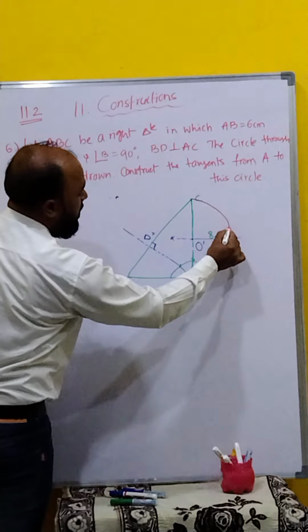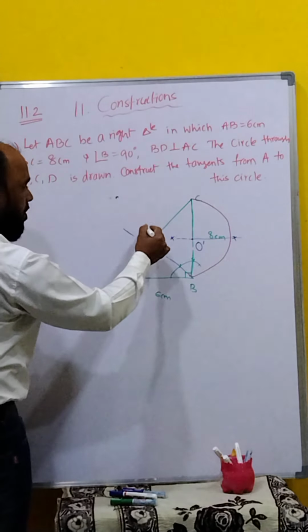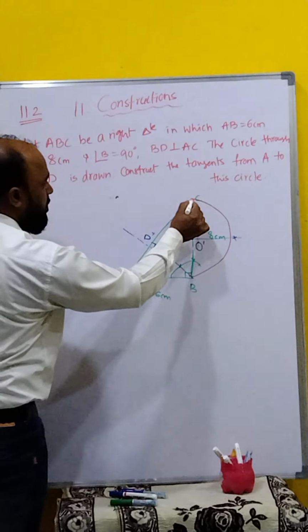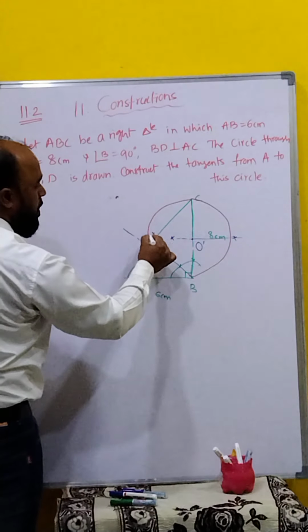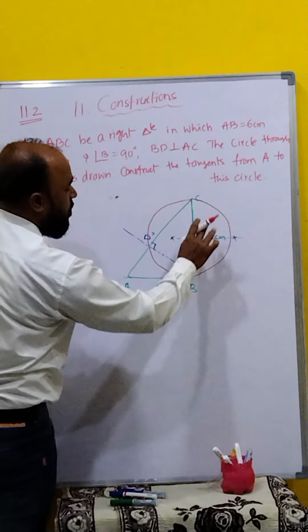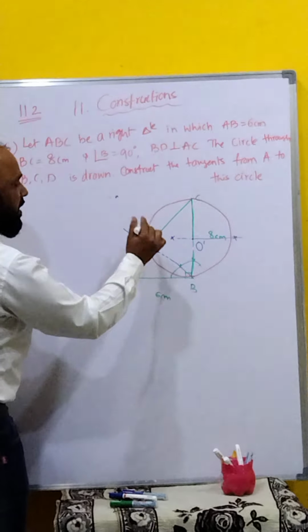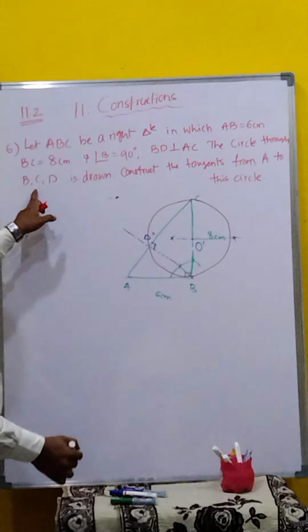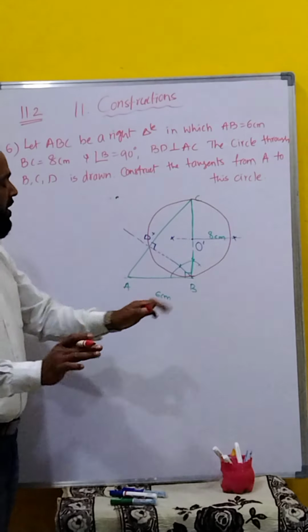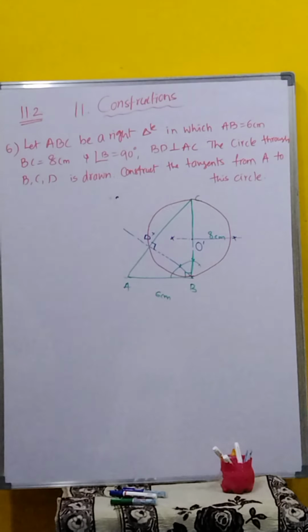So it is passing through B, and here D. O is the center, passing through C, B and D. Clear, children? The circle through B, C, D is drawn and completed now.